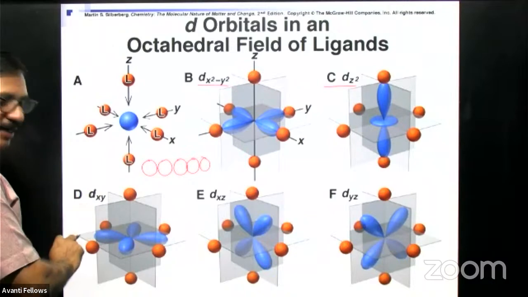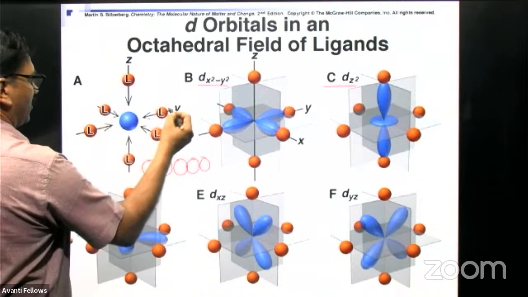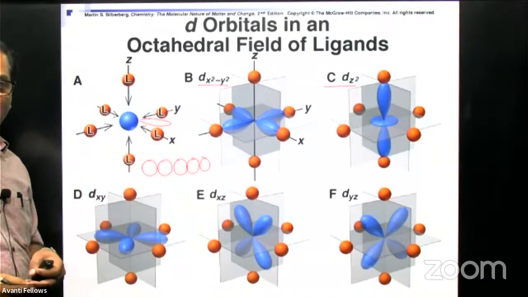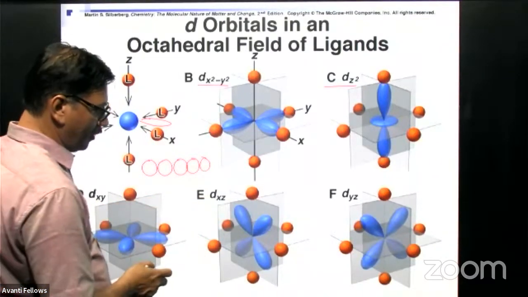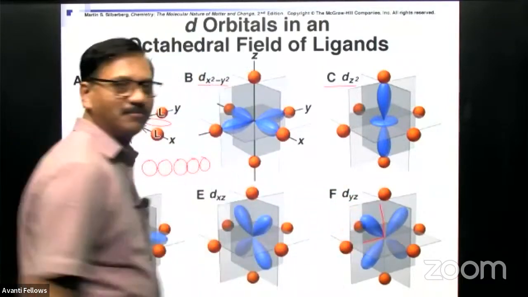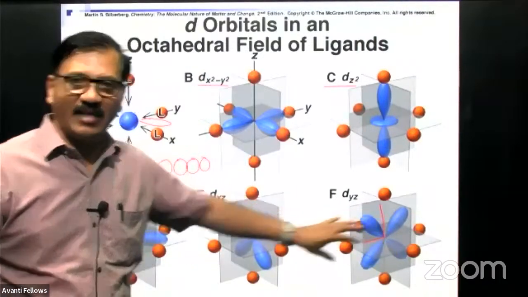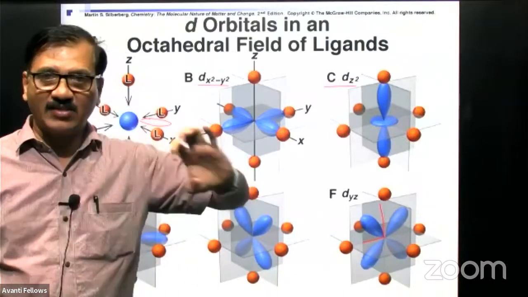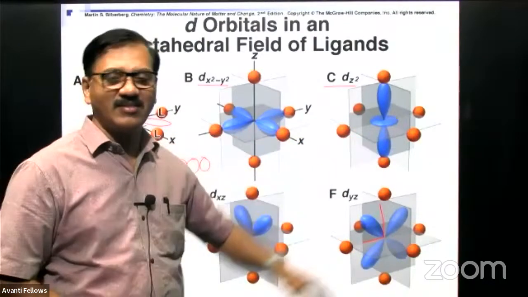Here dxy is in between the axes: if this is the x-axis and this is the y-axis, the orbital is here, in the xy plane. Similarly the dxz plane and the dyz plane. These 3 orbitals are in between the axes, but the other two are on the axis itself.